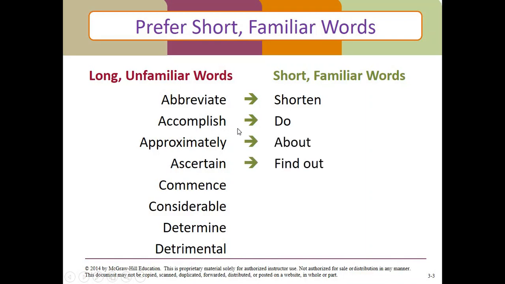Instead of ascertain, you can say find out; begin instead of commence; much instead of considerable; decide instead of determine; and finally harmful instead of detrimental. These are more common, short words. If you use these words, your readers will probably get the message clearly.